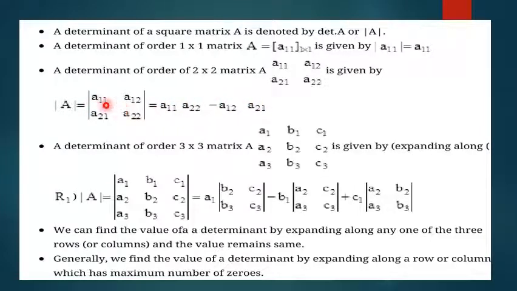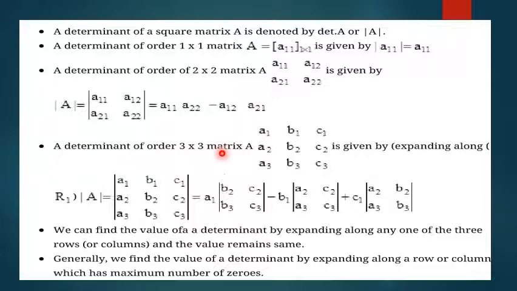So we cross multiply: A11 into A22 minus A12 into A21. Keep this order in mind. You have to start from the left side, first element and last. So A11 into A22 minus A12 into A21. This is how we find the value of a determinant of a 2 by 2 matrix.